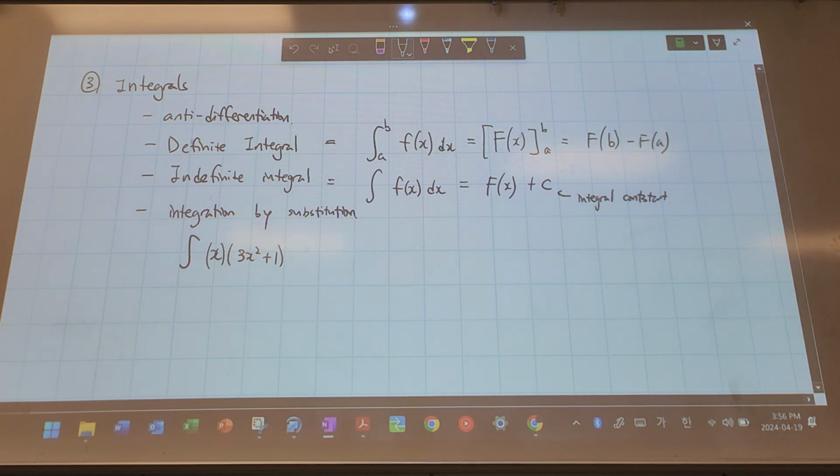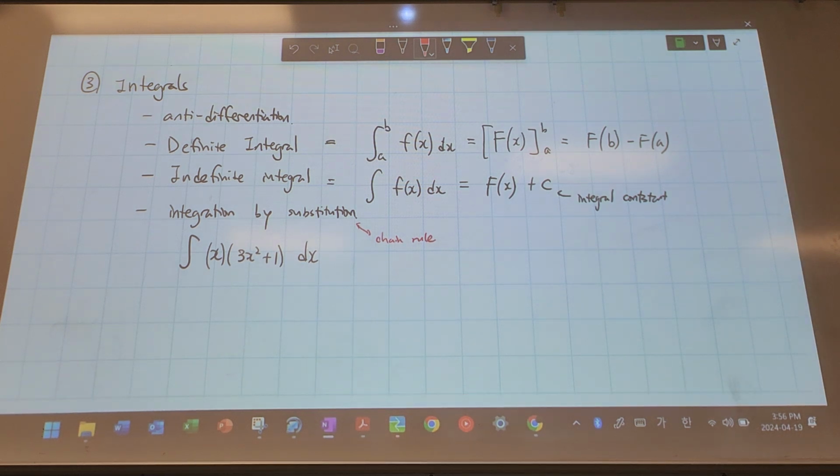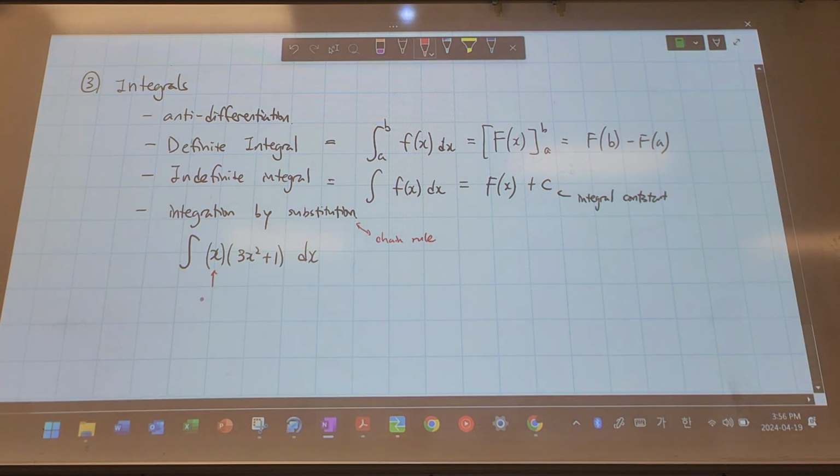You wouldn't want to do the substitution here. Let's say you have a case like this. Integration by substitution, you can think of it as a backwards of the chain rule. If you ever want to undo the chain rule, we use the substitution. So in this case, I know that the substitution is useful because, one, I see a complex expression.